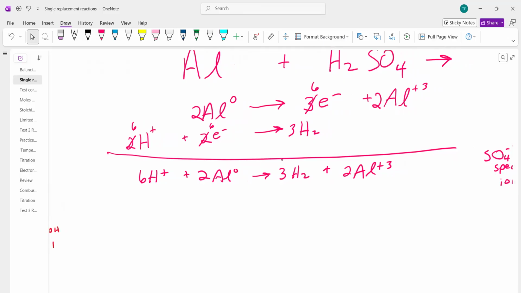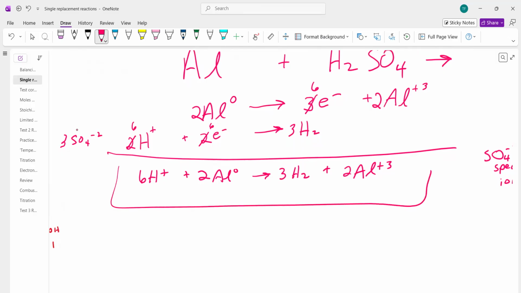So that means we would need to have... oops, excuse me, put it on the wrong side. So that way we accounted for everything. Okay, but this is the meat. Spectators don't do anything.